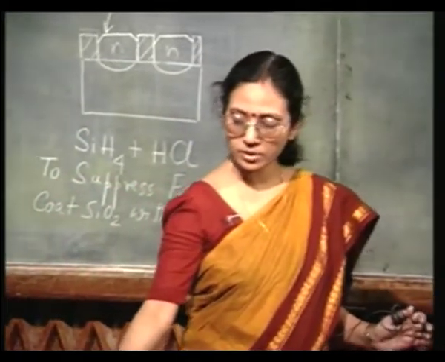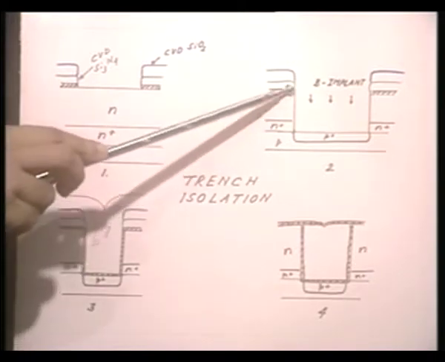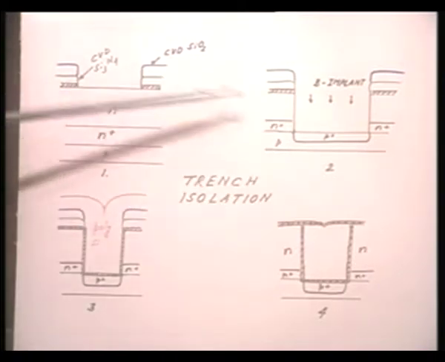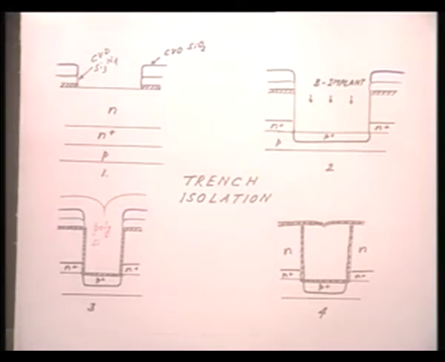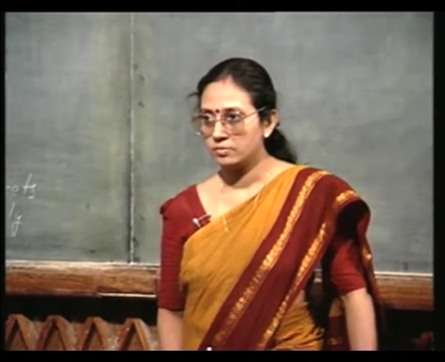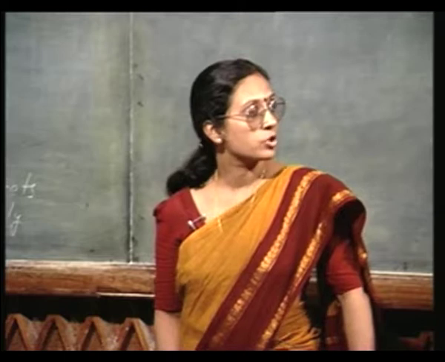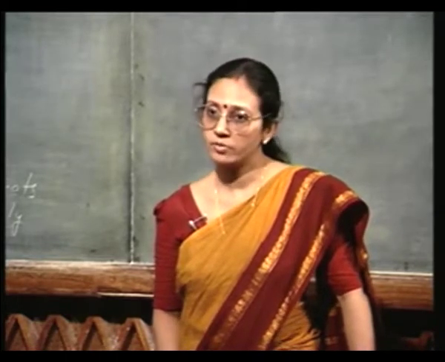What I am trying to say is, the height of the trench can be much more than its width. So, you have to have very high control on the etch profile. It should be perfectly vertical. And then of course, the deposition of polysilicon also is another very crucial step.